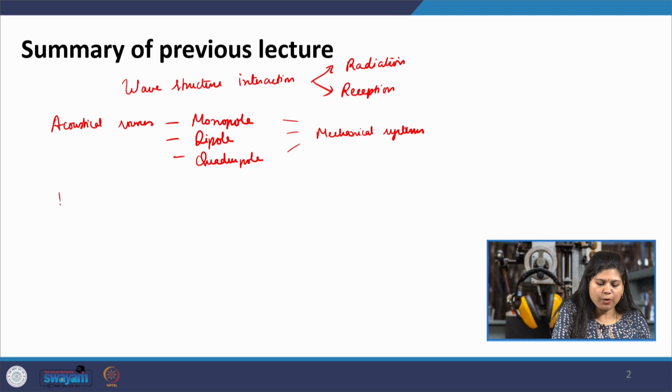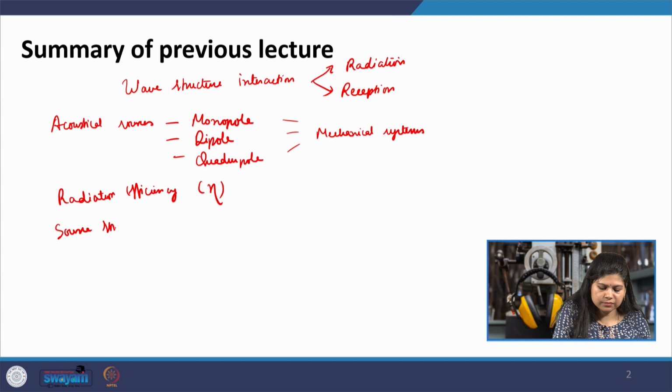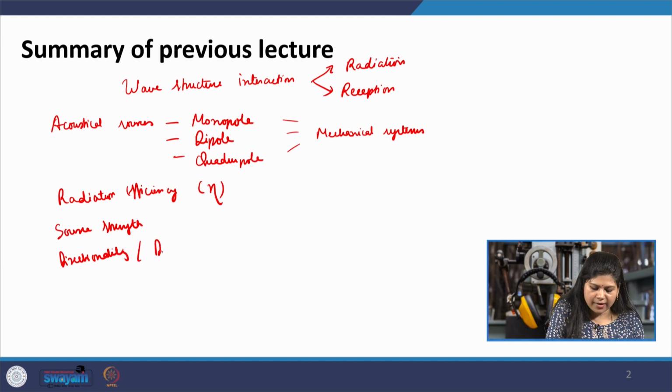Then we studied the radiation efficiency. These concepts were introduced, denoted by the symbol eta, because eta is for efficiency, and then source strength, directionality or directivity of the different sources, and sound field.